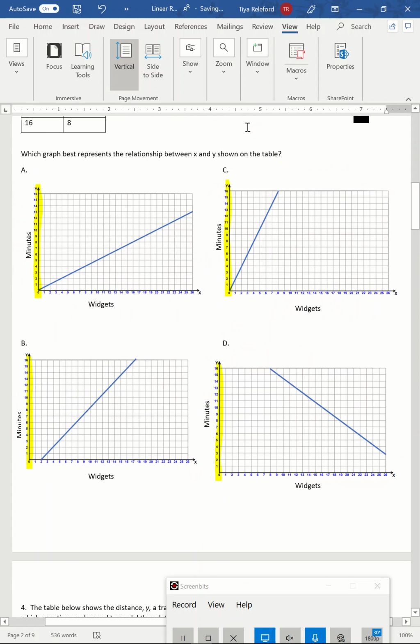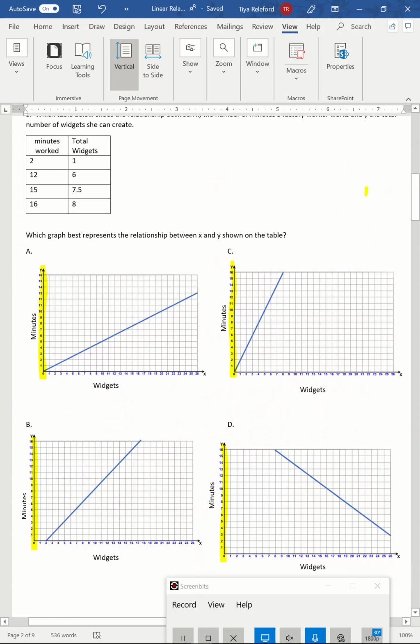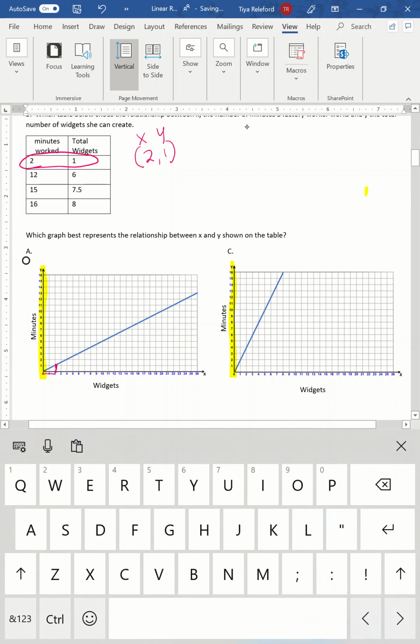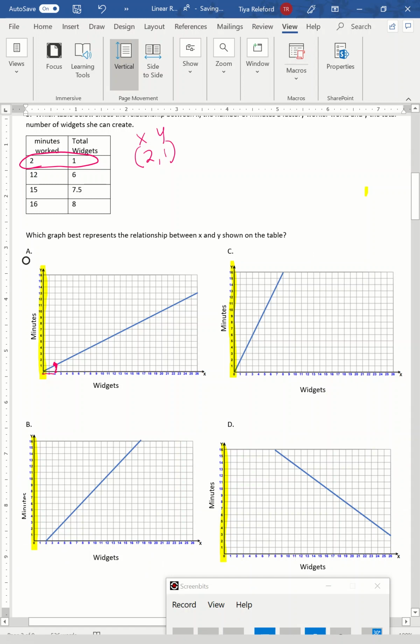If I start with 2, 0, or I'm sorry, 2, 1, then when x is 2, y has to be 1. So I can come on my graph and go over 2 and up 1. So far, A looks good.